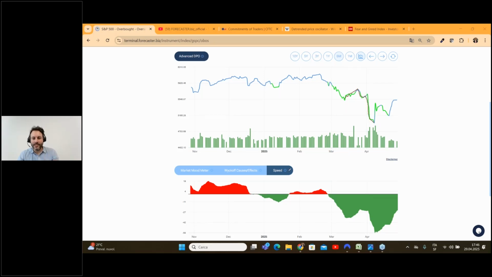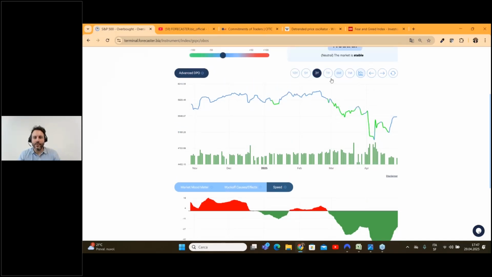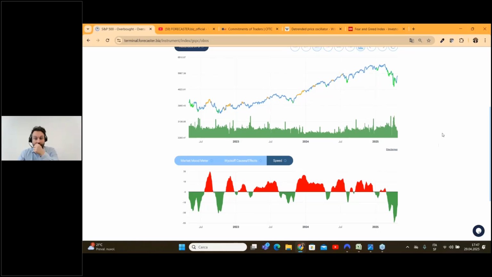What we do with the speed indicator is calculate the speed of the prices.